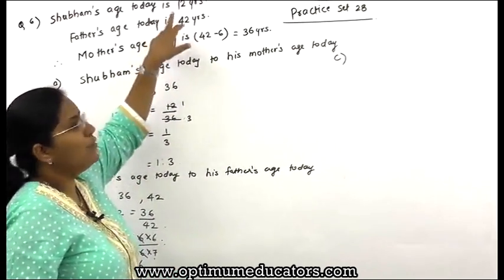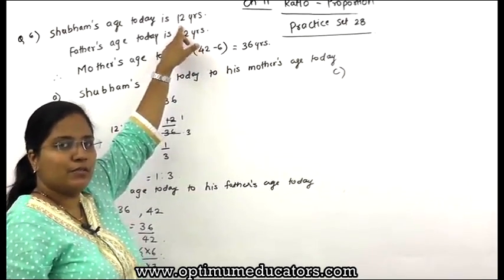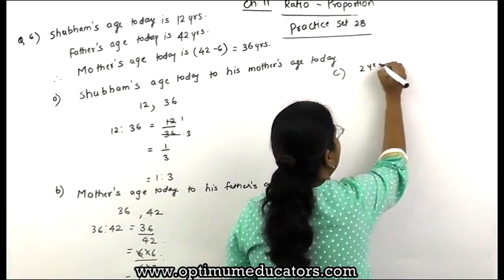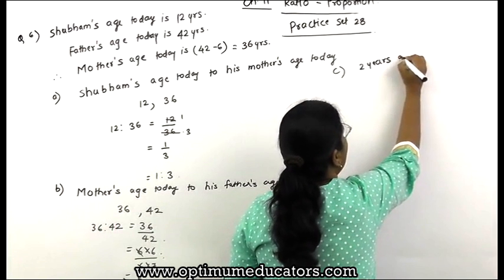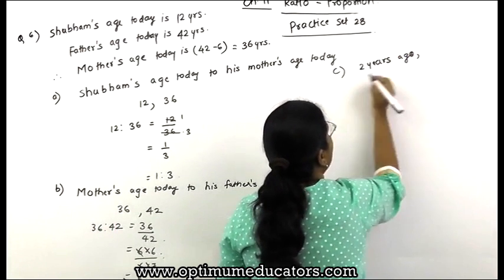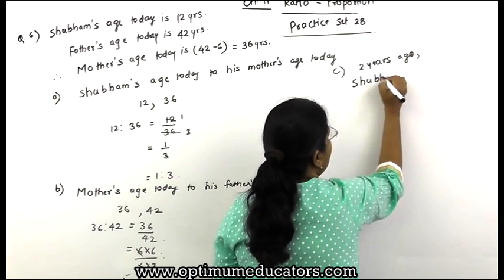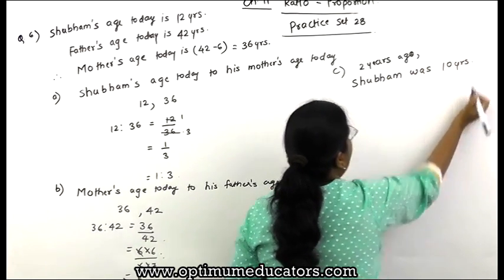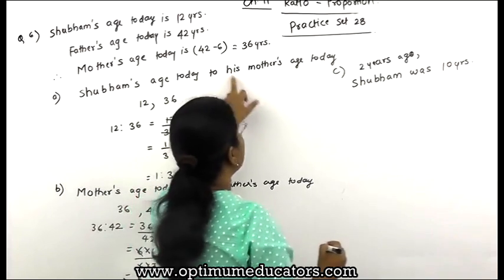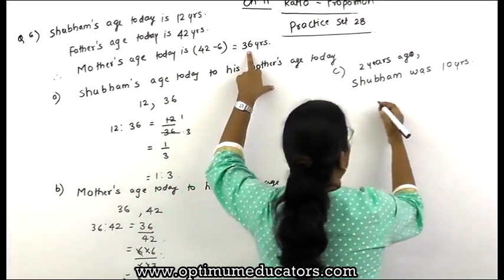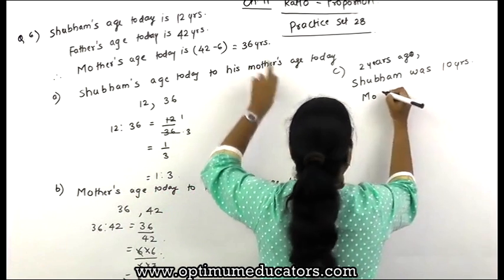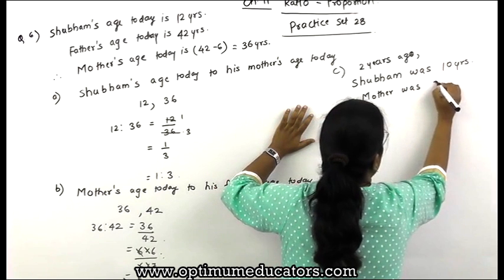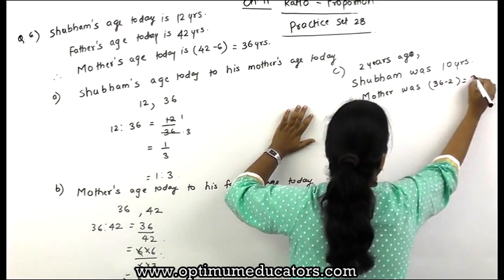When was Shubham 10 years old? अभी उसकी उम्र क्या है? 12 years. ओके. वो 10 साल का कब था? 2 years ago. मतलब 2 years ago Shubham was 10 years, and 2 years ago his mother was, she is now 36, she was 36 minus 2, which is 34 years.